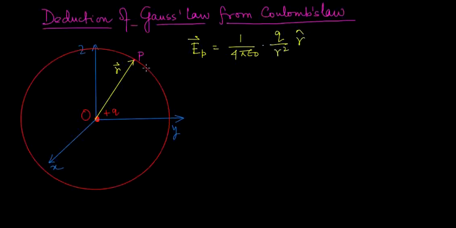Now if you take an elemental area, the electric field vector will be along this r, and the elemental area vector, ds vector, will be along this. So this is ds vector and this is E vector, E at the point P.